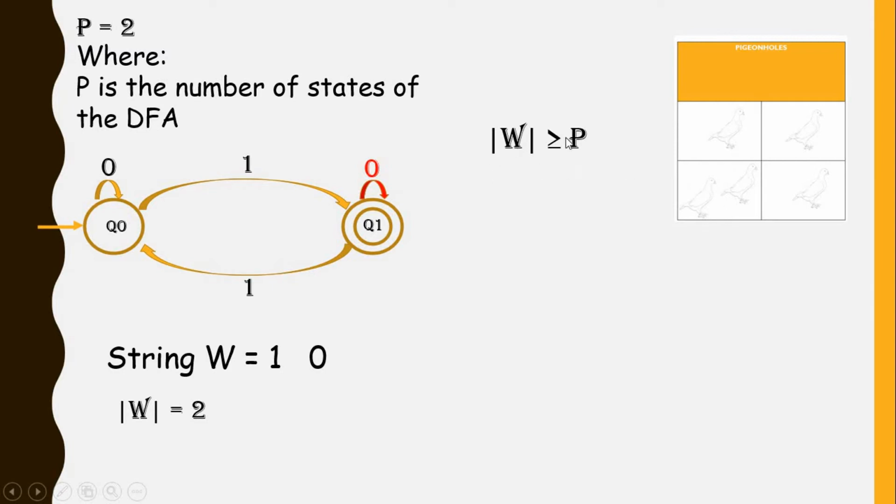The pumping lemma for regular languages only applies if the length of W is at least P. In the pigeonhole principle, you have some pigeonholes with at least 2 pigeons. Here you hit the same state at least twice. In this example, we hit Q1 twice on getting input 0, right?